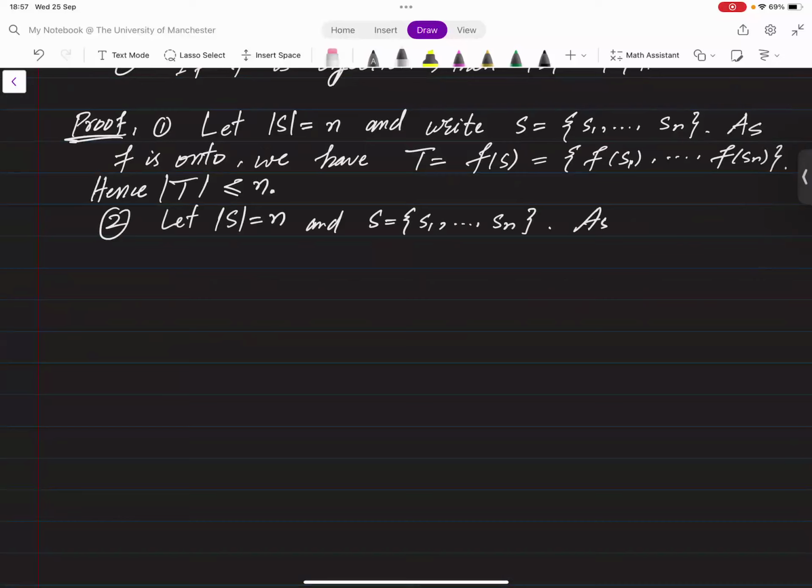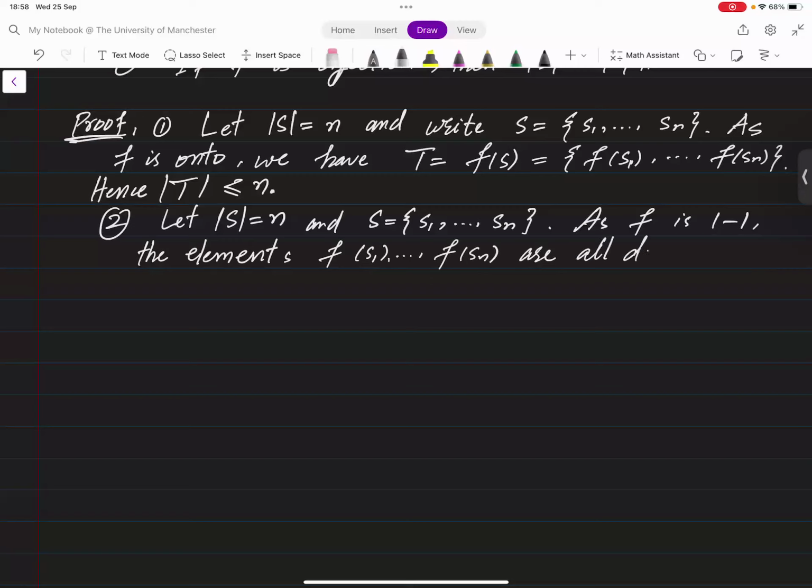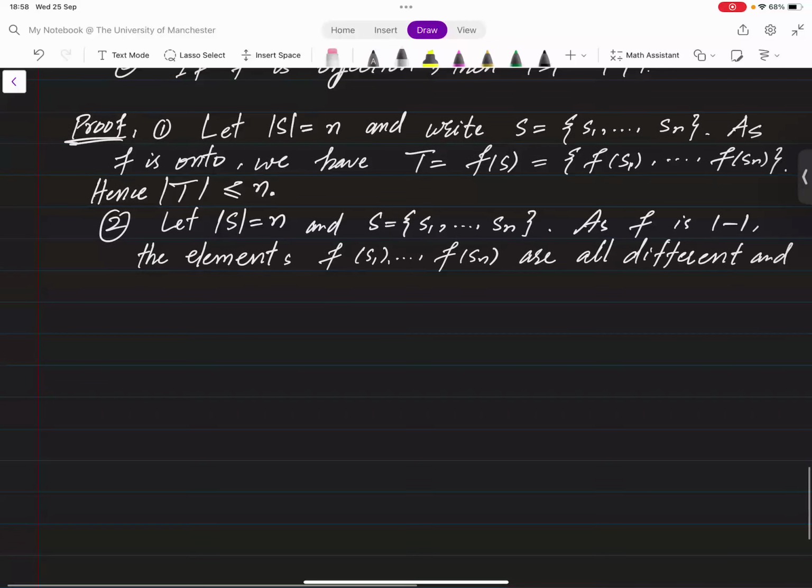Now, if f is 1-to-1, then the elements f of s1 up to f of sn are all different and lie in T. Therefore, order of T should be greater than or equal to n.